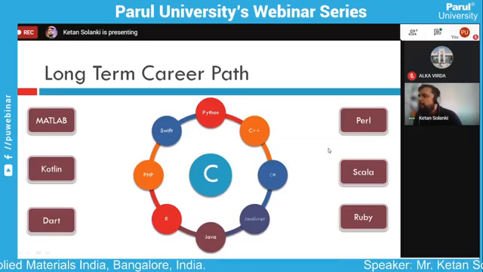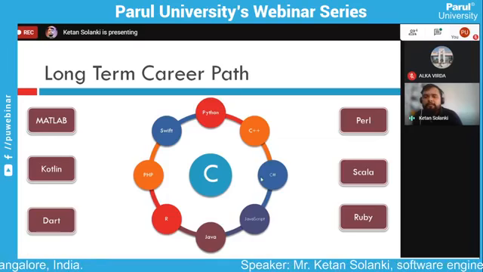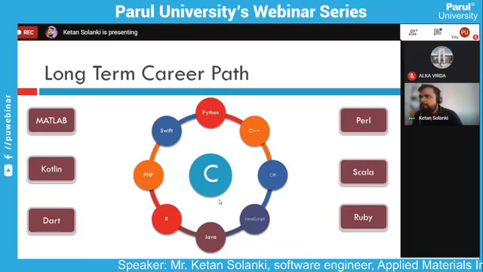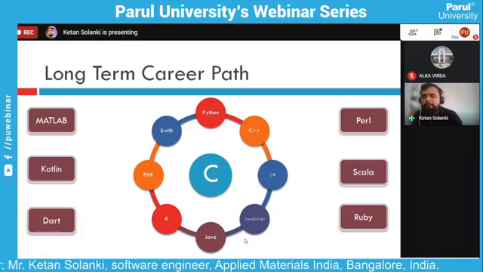Then comes C++ and C sharp. Both are more advanced versions of the C language. C is a structured programming language, whereas C++ and C sharp are object oriented programming languages. We'll see the concepts of object oriented and structured programming.